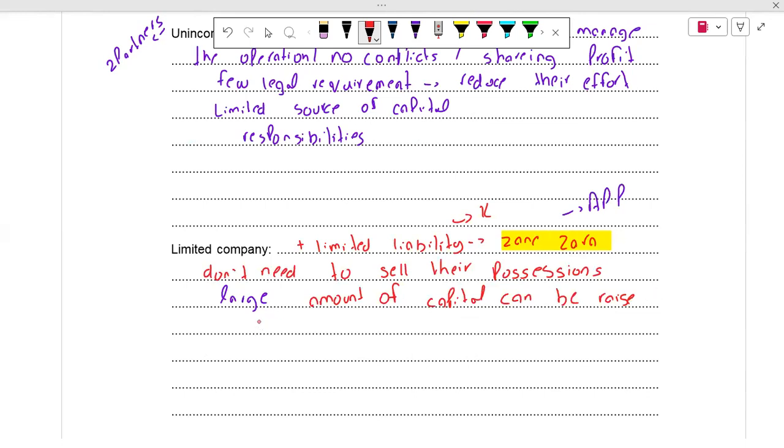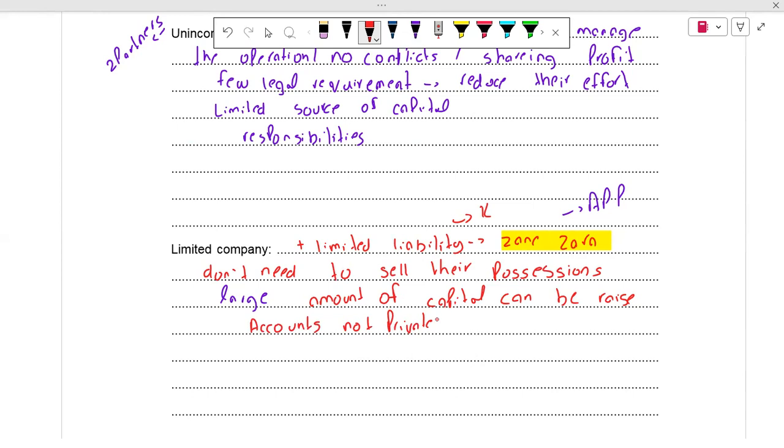But there is also a negative: accounts are not private. And it is not easy to transfer a share in a privately owned company, which will make it difficult to sell shares to family and friends.